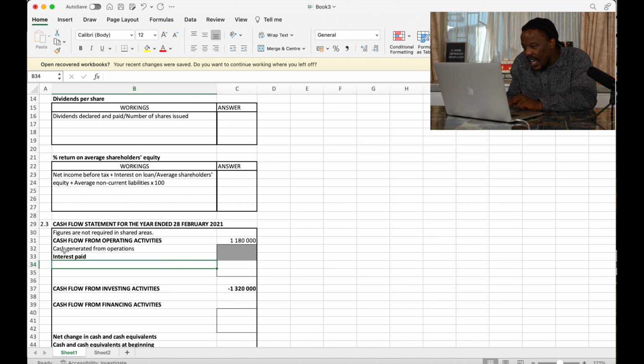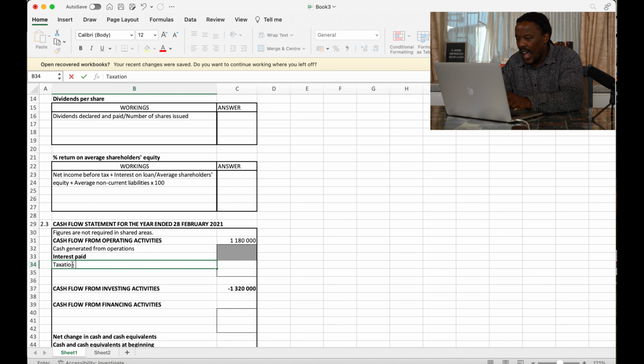Now I know that, okay, cash generated from operations, interest paid. I know that taxation paid. I know that after that the transaction is dividends paid. And you are happy.